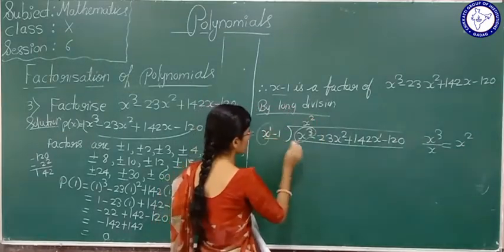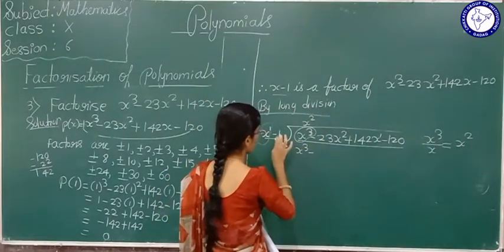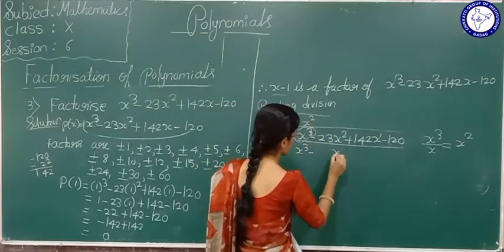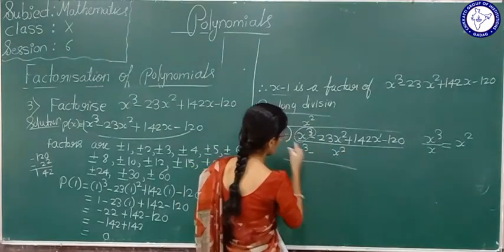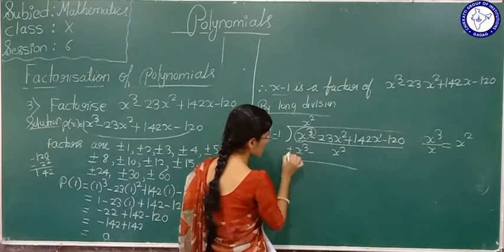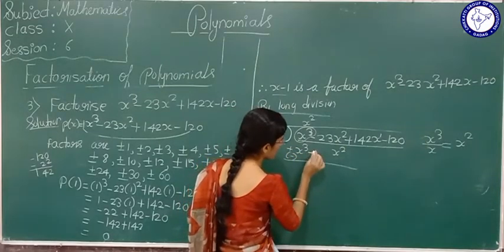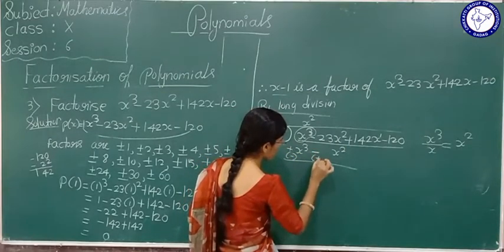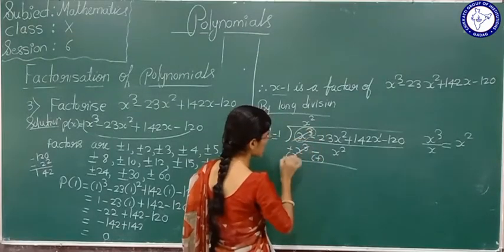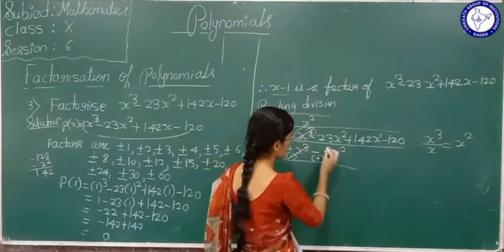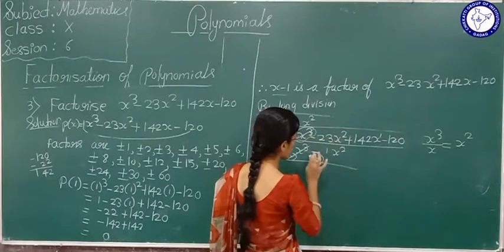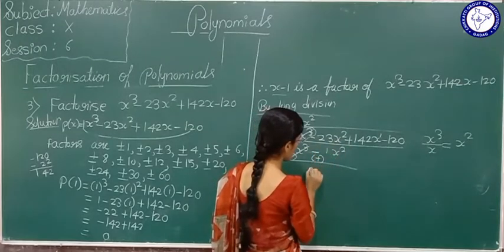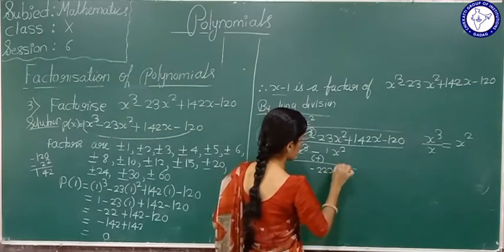X square into x is x cube. Minus 1 into x square is minus x square. Now subtract it. Here plus is there, so minus. Here minus is there, so it will be plus. X cube minus x cube gets cancelled. Now minus 23 plus 1 will be minus 22x square.